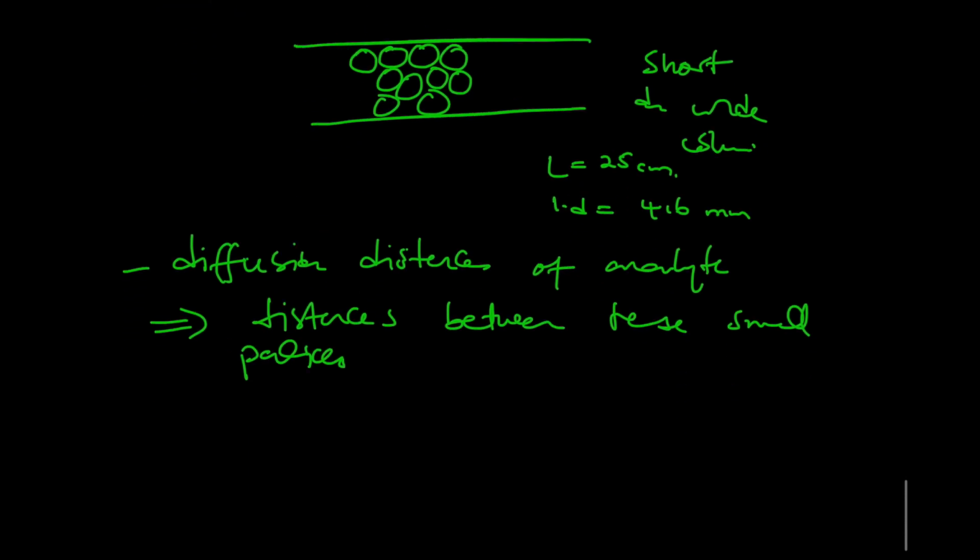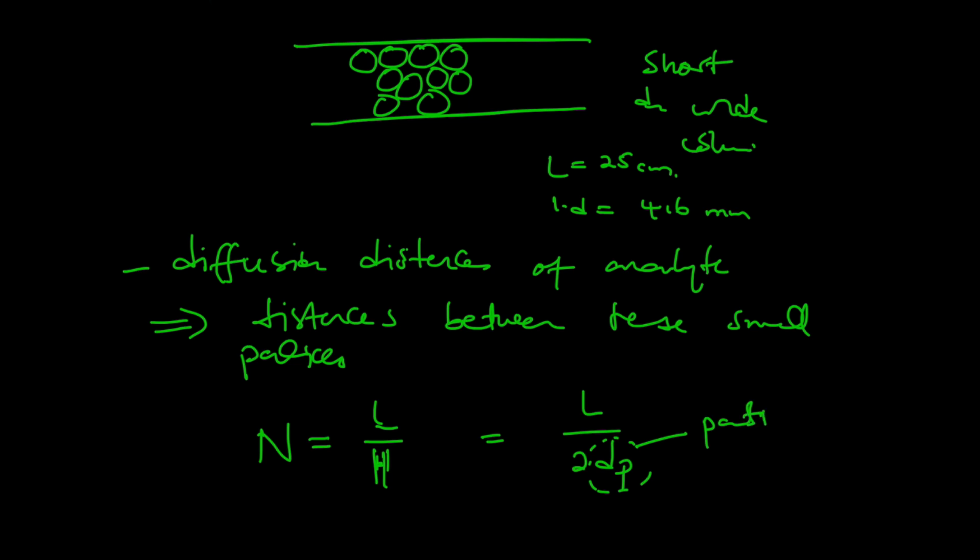So in this case, efficiency is still L over H, as we are going to find out that H is related to 2 times dP, where dP is the particle size. So if we are using a small particle size, we are going to gain in efficiency, right? In HPLC, take note that these columns are packed. We are using packed columns in this case.